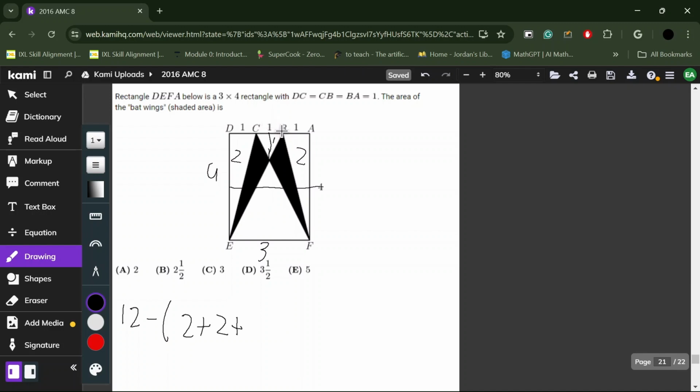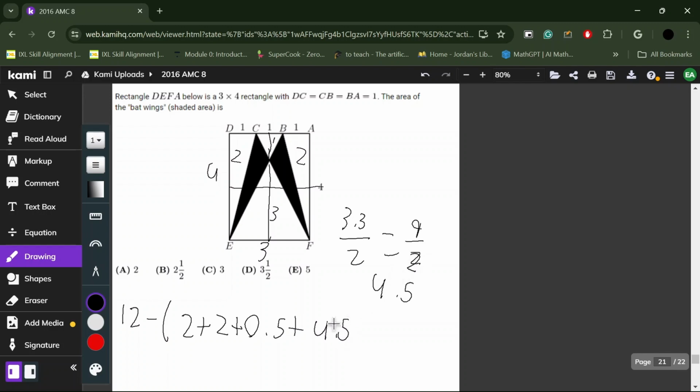So 1 times 1 divided by 2 is 0.5. So that's the area of that. And then for this triangle, since this is 1 and this whole area is 4, we can tell that this height is 3. So 3 times 3 is 9, and 9/2 is equal to 4.5.